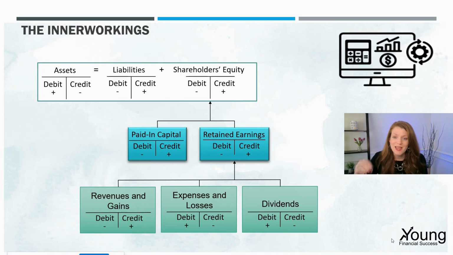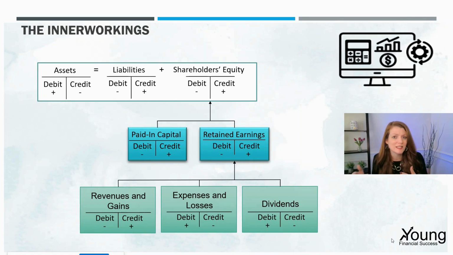Revenues and gains increase your retained earnings, the profit that's reinvested, so those also have a normal credit balance. But expenses, losses, and dividends decrease our equity.